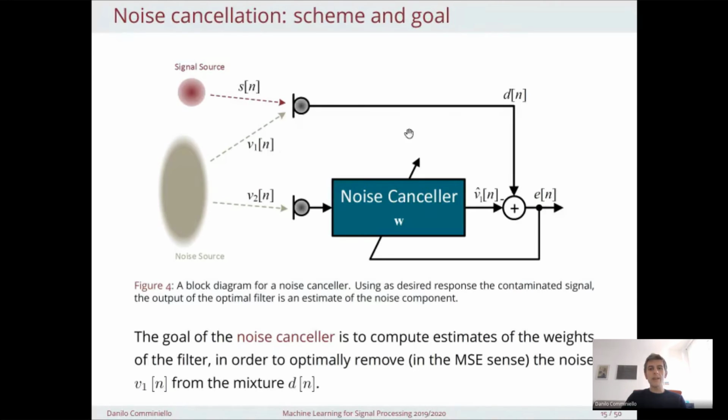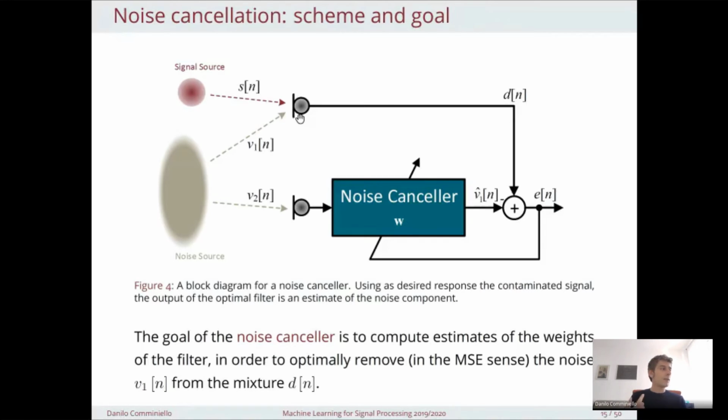So, you have a target signal D, which is collected by a sensor. For instance, we can consider the example of the cockpit of an aircraft. Imagine an aircraft cockpit in which you have the pilot inside.